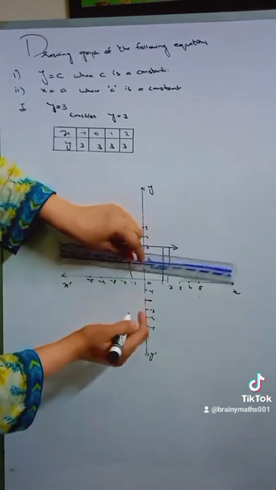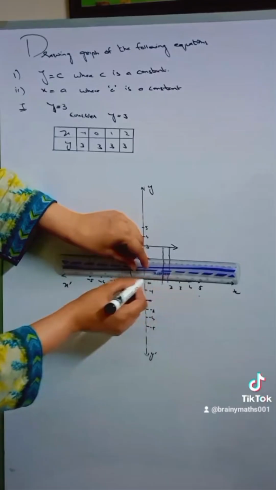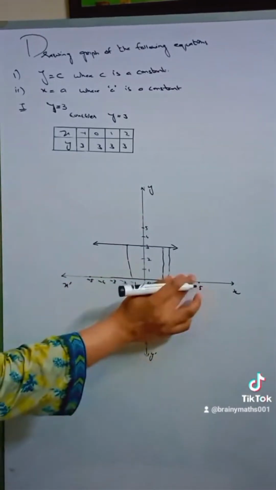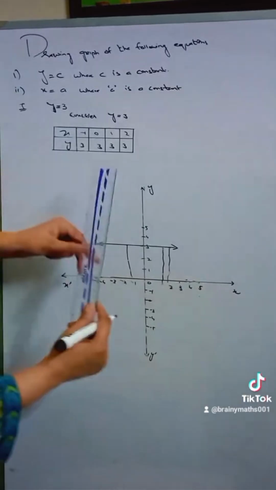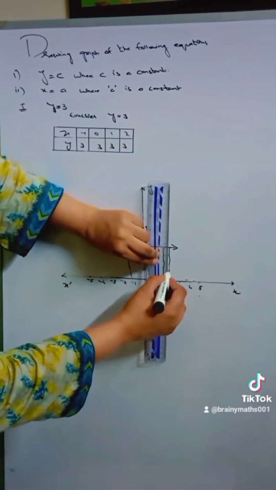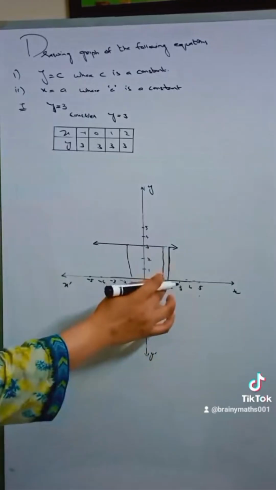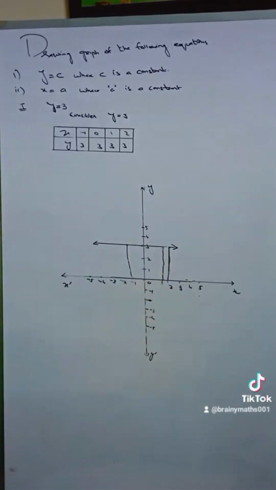Alright, this part I just removed with my hand. I'm just making it clear like that. I hope it's clear. It's very difficult to draw on the board as you are seeing. Alright, this is 1, this is 0. I hope it's clear.